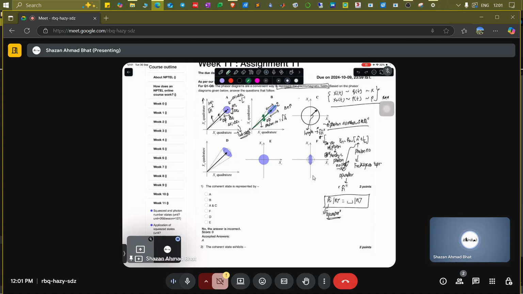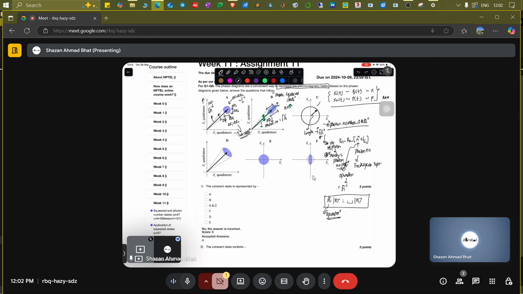So you have increased the delta n, but you have reduced the delta phi. That means this is basically a phase squeezed state. Why? Because you have reduced the phase uncertainty, but you have increased the uncertainty in the amplitude of the photon number.